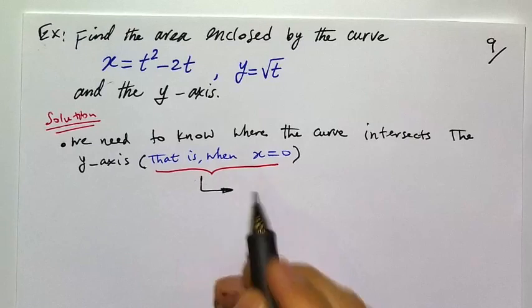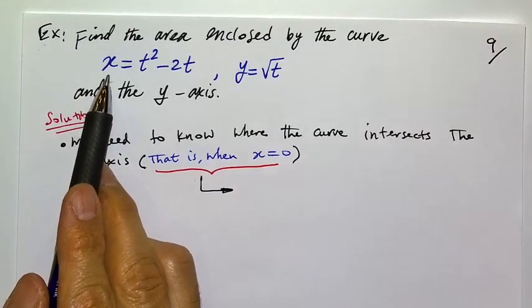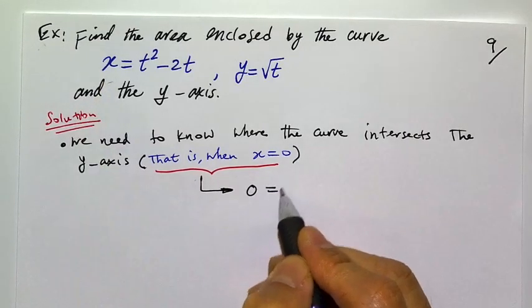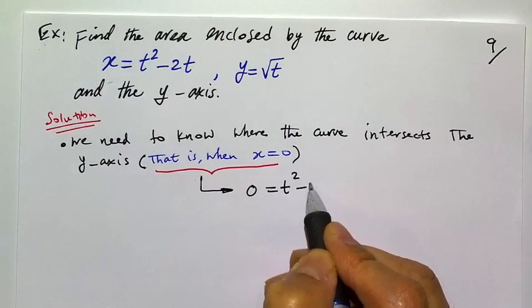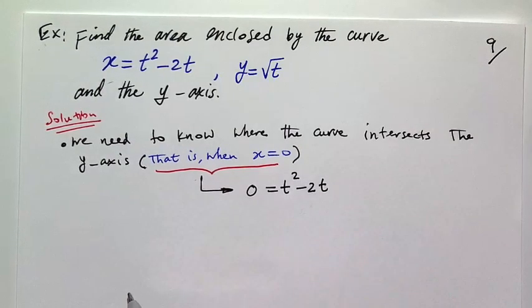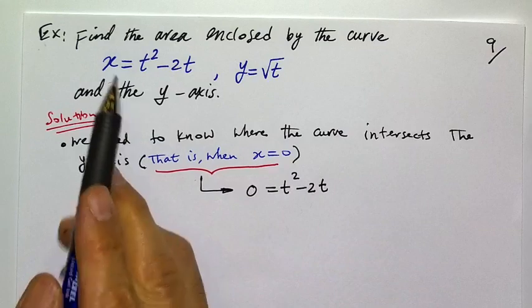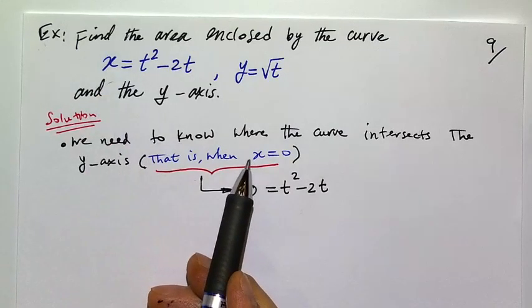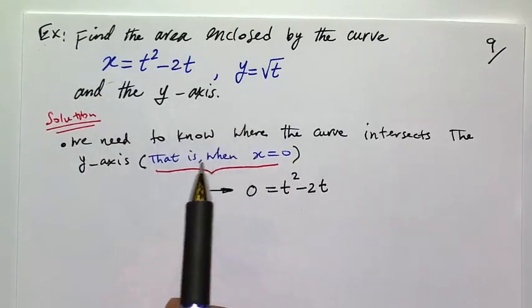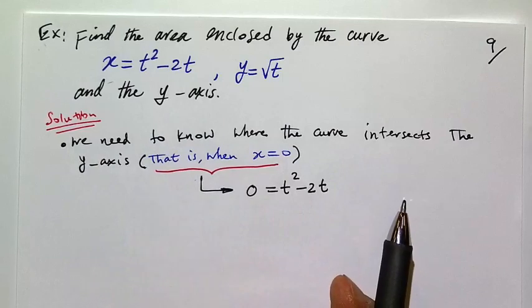So based on that, we can make use of this equation, right? So 0 equals t squared minus 2t, right? X has to be 0, because we're looking for where this curve intersects the y-axis.